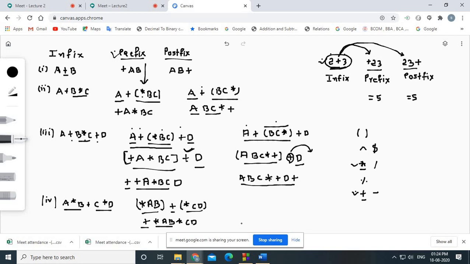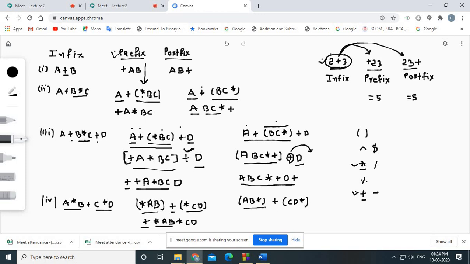And how can we convert this into the postfix? Obviously first, the higher priority is of the multiplication sign. So we need to convert those into postfix. So here AB star, because it is postfix, so star will come later on, plus CD star, right? So both multiplication operations are converted into the postfix.